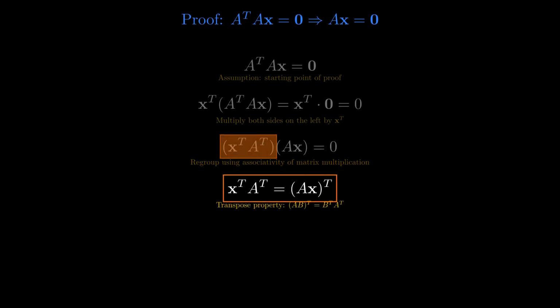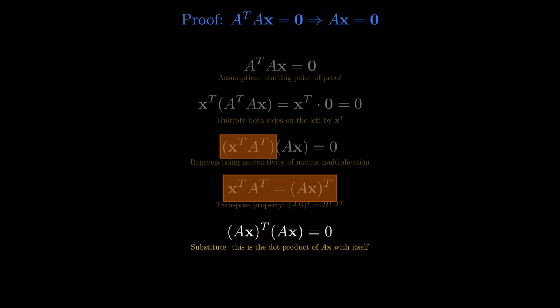Here's the key observation. X transpose times A transpose is the same as Ax transposed. That's a basic property of the transpose. The transpose of a product reverses the order, so the left side becomes Ax transpose times Ax, which equals 0. But what is this expression? Ax transpose times Ax is the dot product of Ax with itself.